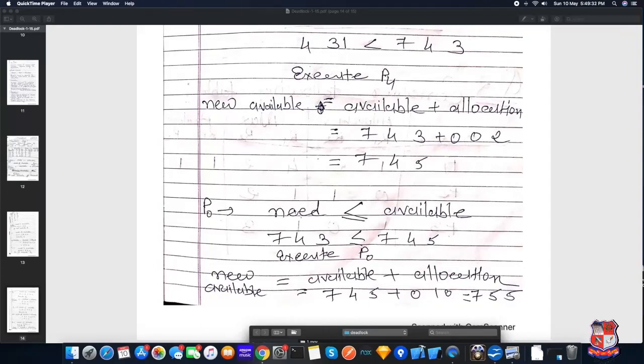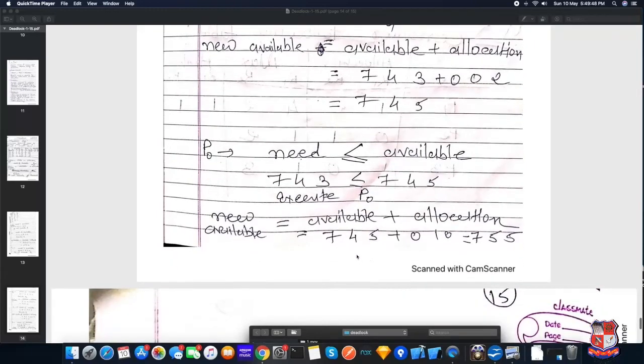So let us start with the second round. We apply this condition for P0. The need of P0 is 743 and the new available value for P0 is 745. The condition is true, so we find the new available value, 755, which is the available value for the next process.